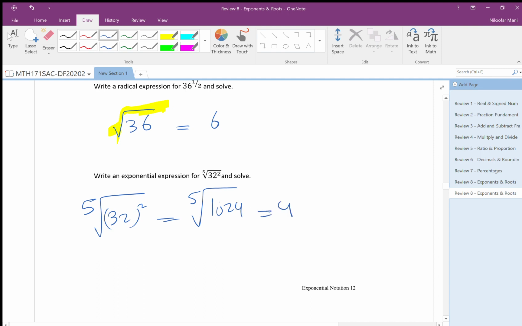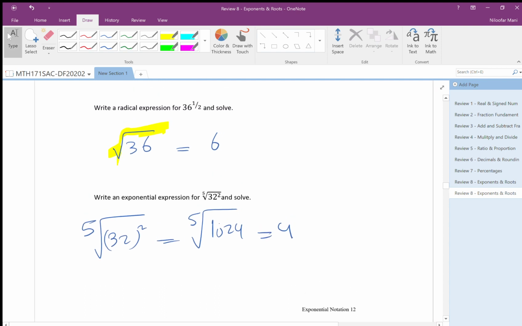I use my calculator. How about if I say I don't want you to use your calculator, I want you to show me why. Okay, you do this. 36 is 6 squared, and then I have a square and I have a square root. I can cancel. This is 6.